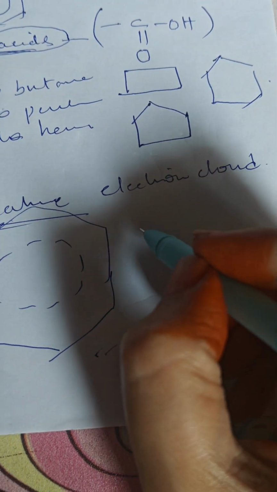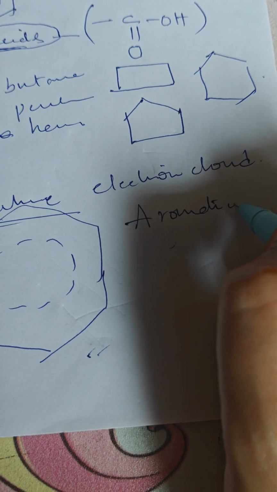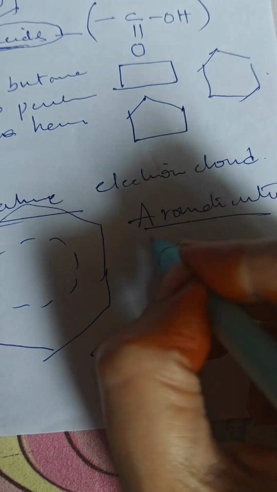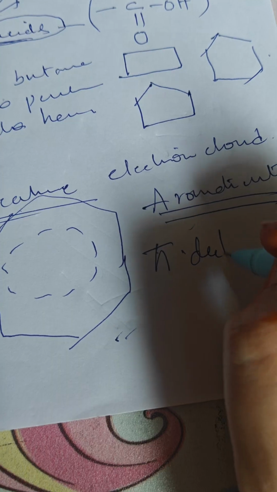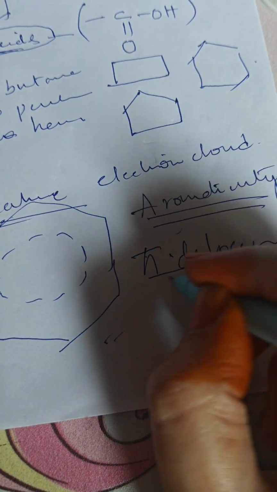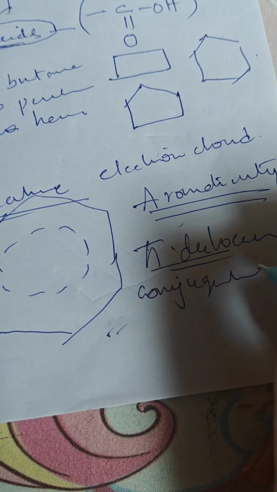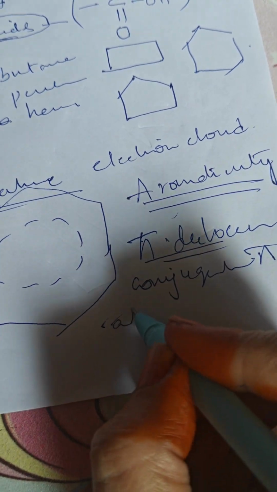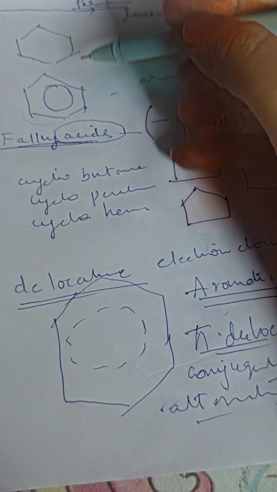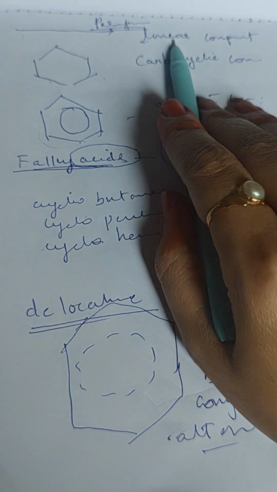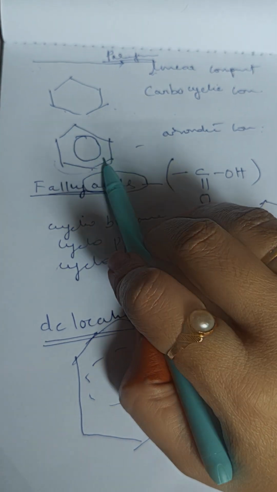They exhibit aromaticity by the delocalization of conjugated or alternating pi bonds. These are the three types of compounds: one is linear, another is carbocyclic, and the third is aromatic compounds.